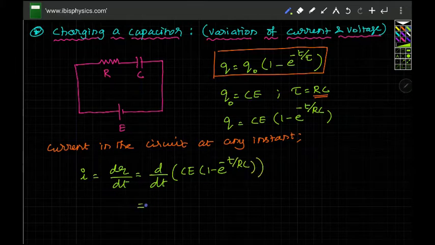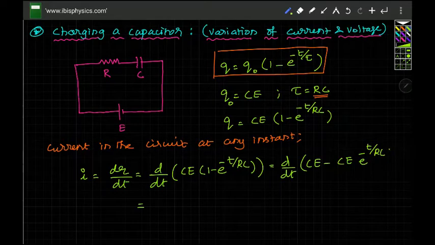When you multiply, it is d by dt of CE minus CE into e power minus t by RC.